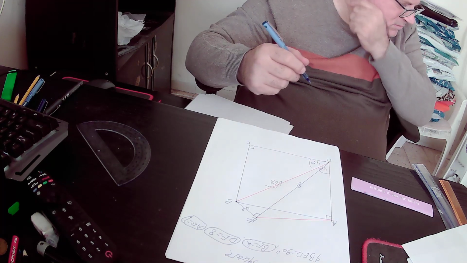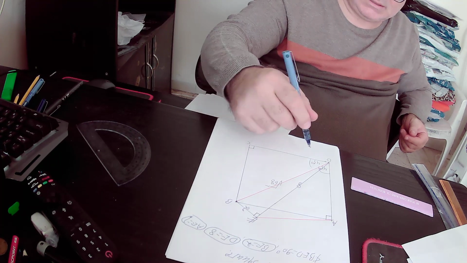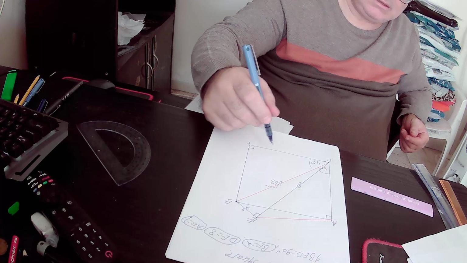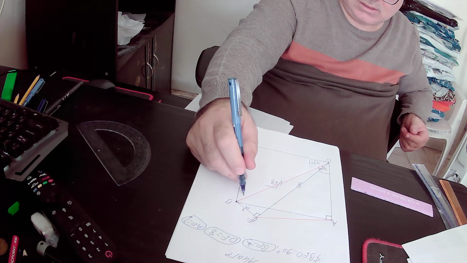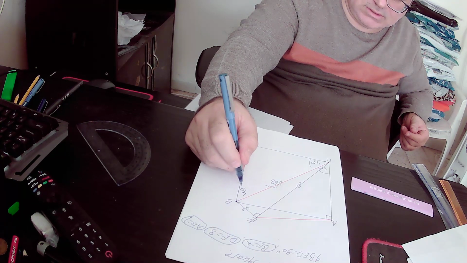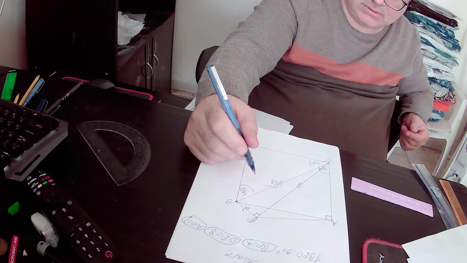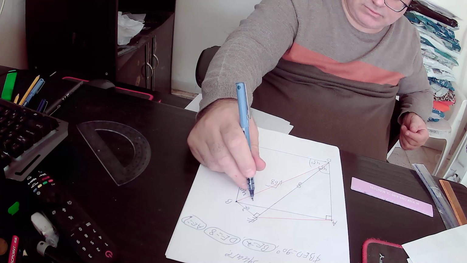Likewise, here the diagonal DB bisects angle ABC into 45 degrees angles, that is to say, angle DBC will be equal to 45 degrees, and angle ABD will also be equal to 45 degrees.